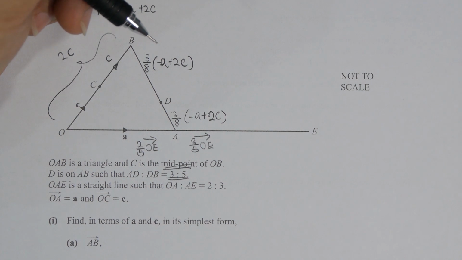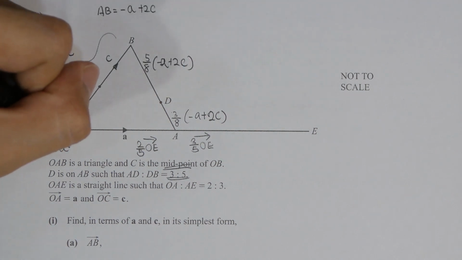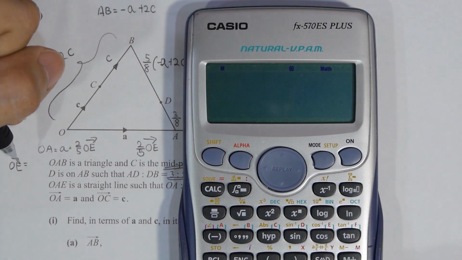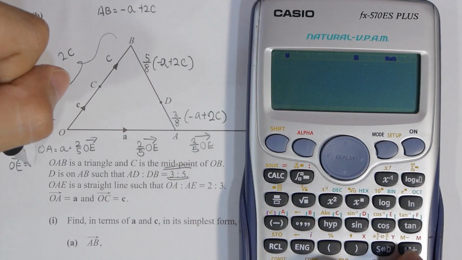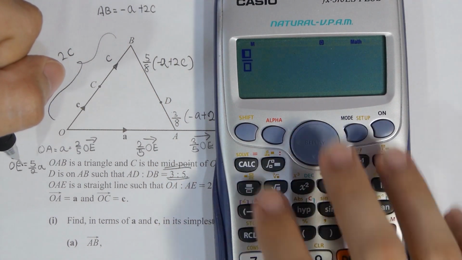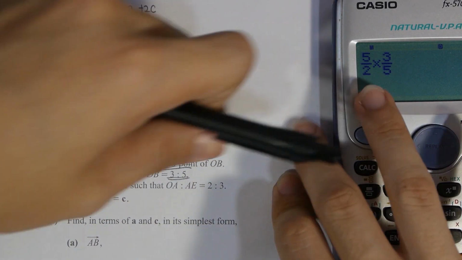For the last part, which is the trickiest information, OAE is a straight line, OA to AE is 2 to 3. So the total ratio here is 5. Hence OA is actually 2 over 5 of OE, and AE is actually 3 over 5 of OE.